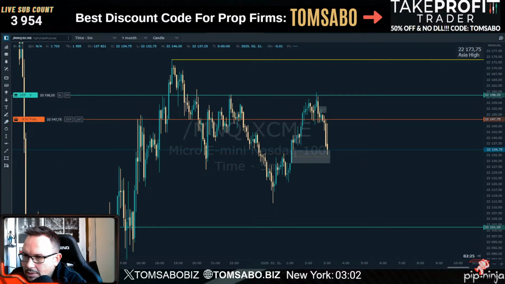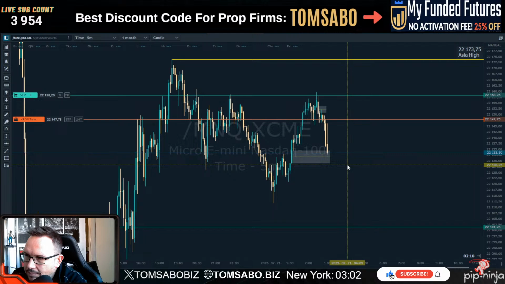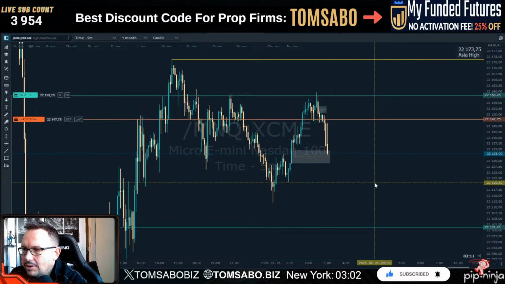Man, if this one trades or closes below this gap, I think I should take a partial at least, because obviously it can turn around.